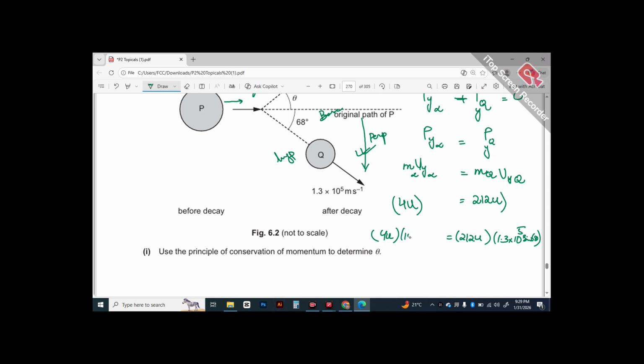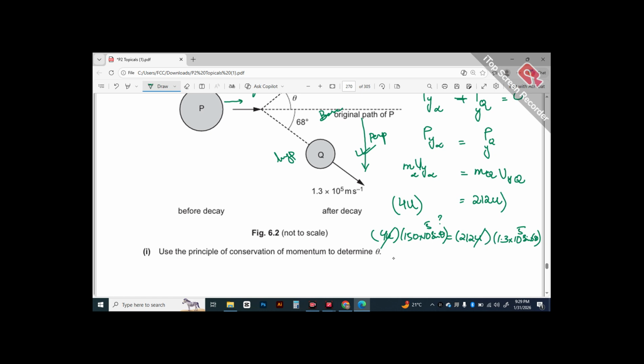We have 150 × 10^5 sine theta. This theta is what we have to find. Is there anything else in this equation that is unknown? The masses cancel since we have multiplications on both sides.